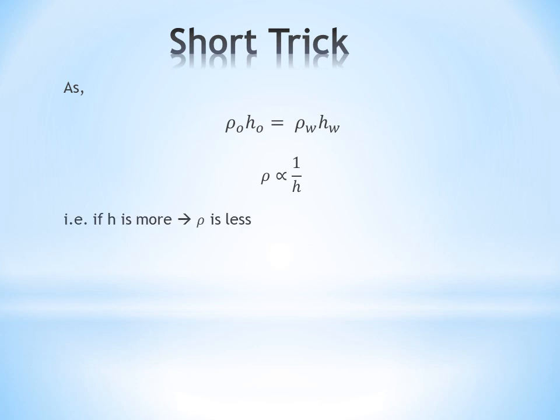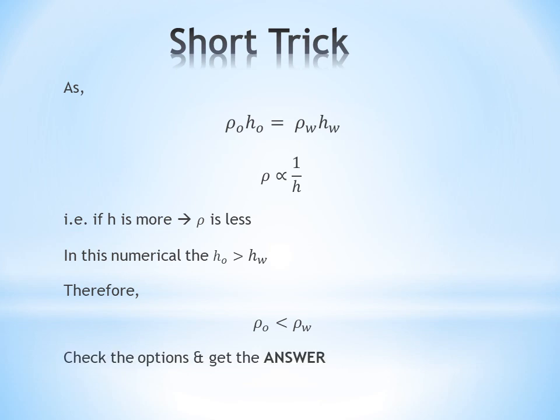Now, if the height is more, it means that the density is less. So in this question, the height of the oil column is greater than the height of the water column, so we can say that the density of oil must be less than the density of water. So go to the options and find out the answer.